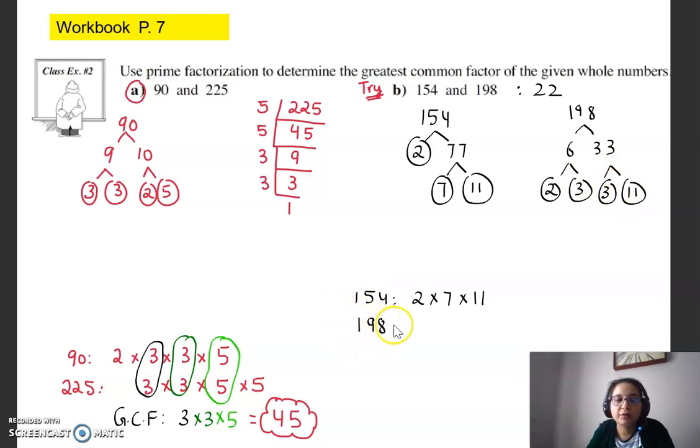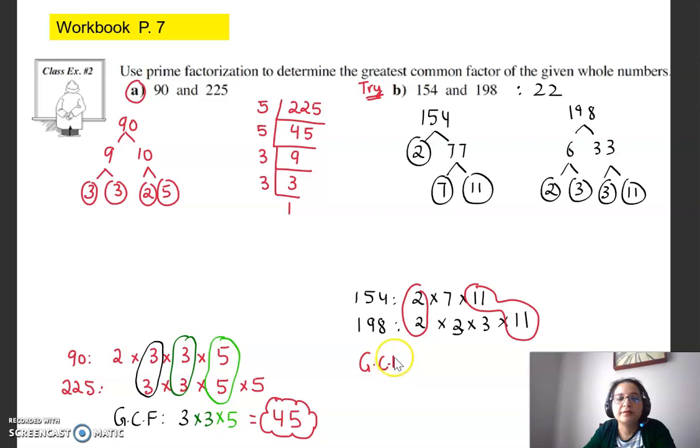Take your own time when you're practicing it. And then when I write these down in order, I can see that there are two numbers that are common between them, this 2 and this 11. So the GCF here is 2 times 11, which is 22.